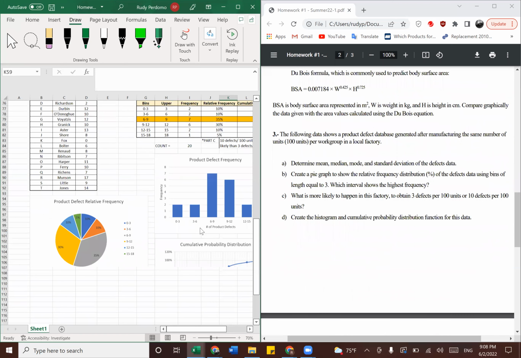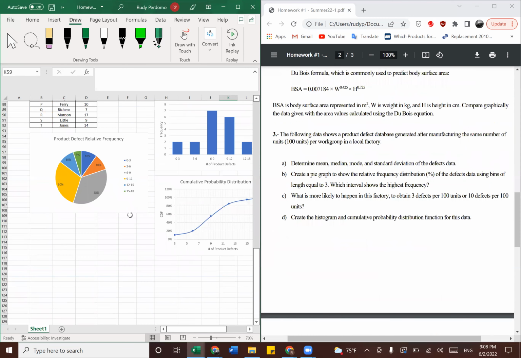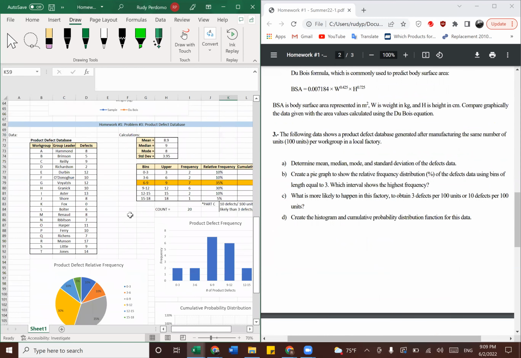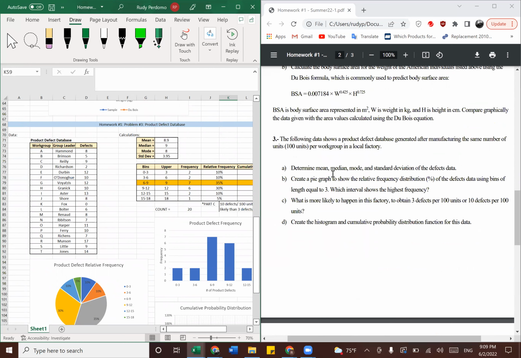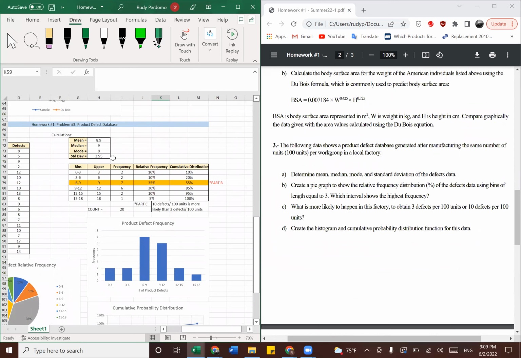Number 3 is a little more involved, but first you have to copy all this down, and then part A says determine the mean, median, and mode.